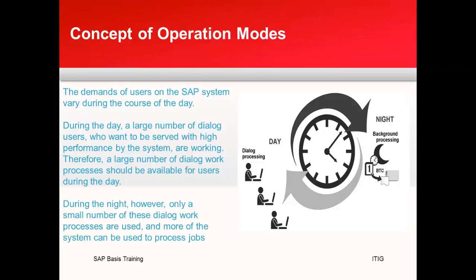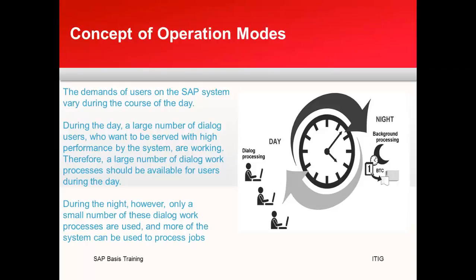But during the night time, only a small number of dialog work processes are used and more of the system can be used for background jobs to process the jobs. In a nutshell, we need more dialog work processes during daytime and more background work processes during night time.